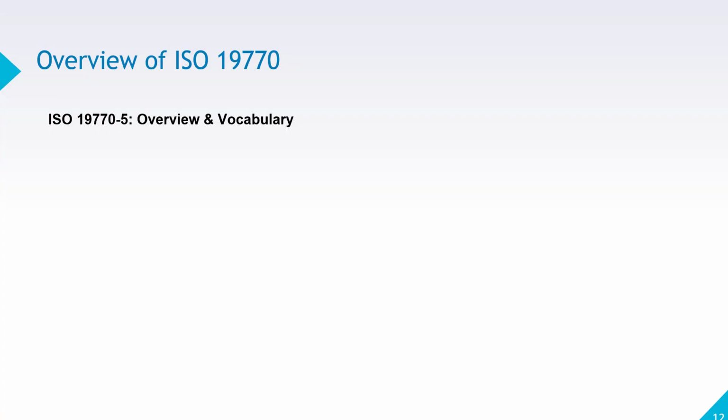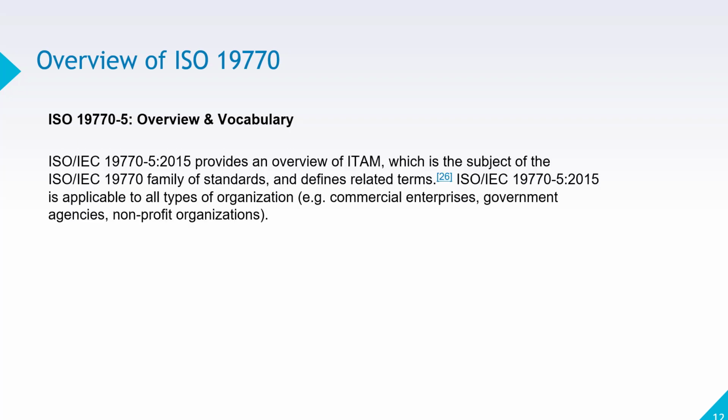ISO 19770-5 Overview and Vocabulary. ISO 19770-5 for the year 2015 provides an overview of ITAM, which is the subject of the ISO 19770 family of standards, and defines related terms. ISO 19770-5 for the year 2015 is applicable to all types of organization.